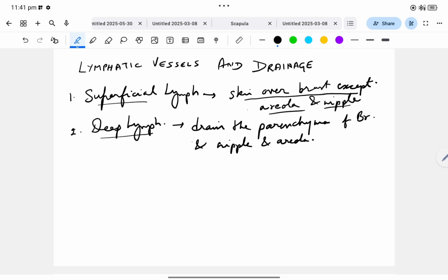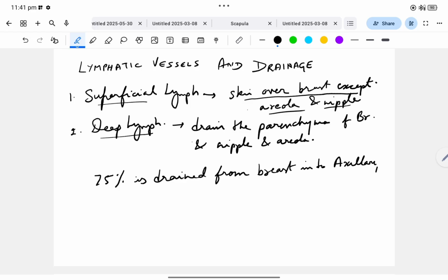Now we will see which lymph node drains how much percent of lymph from the breast. So 75% is drained from breast into axillary lymph node. This was the maximum.